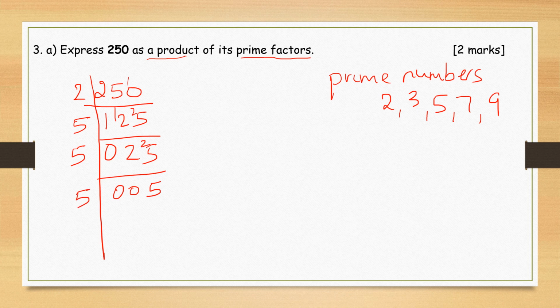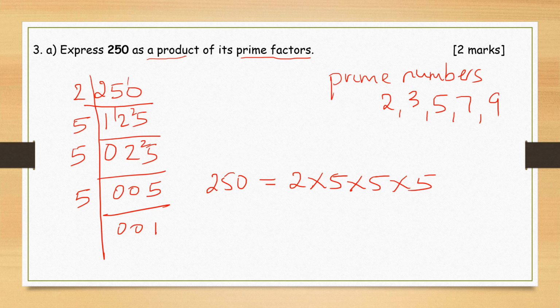So finally, by 5, we get 1. So 250 equals 2 times 5 times 5 times 5, 3 times. And we're going to put it in index form, so that's 2 times 5 to the third power, because we have 5 3 times. Okay, so that's the answer.